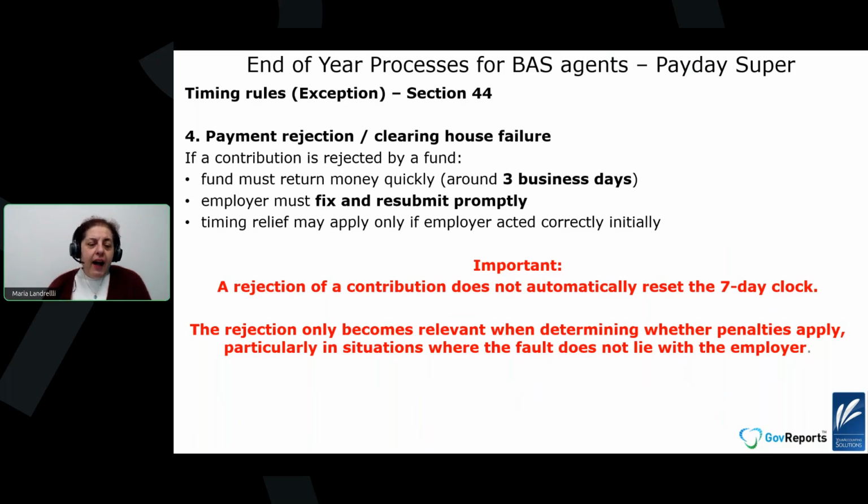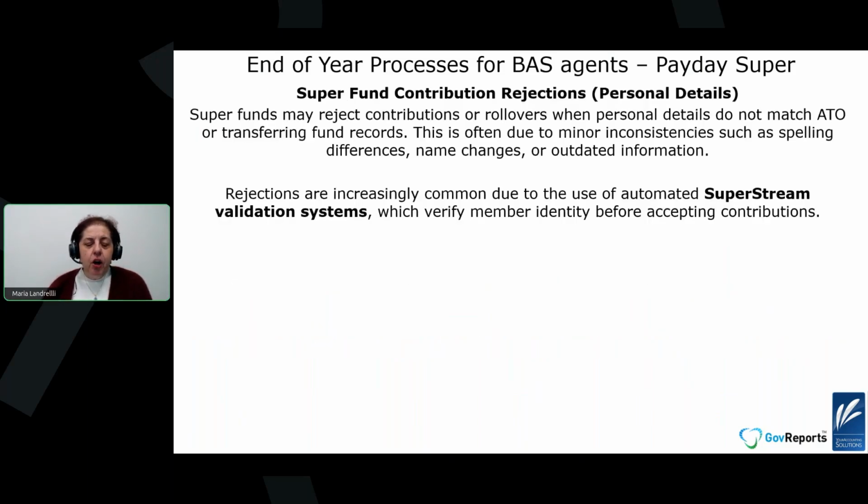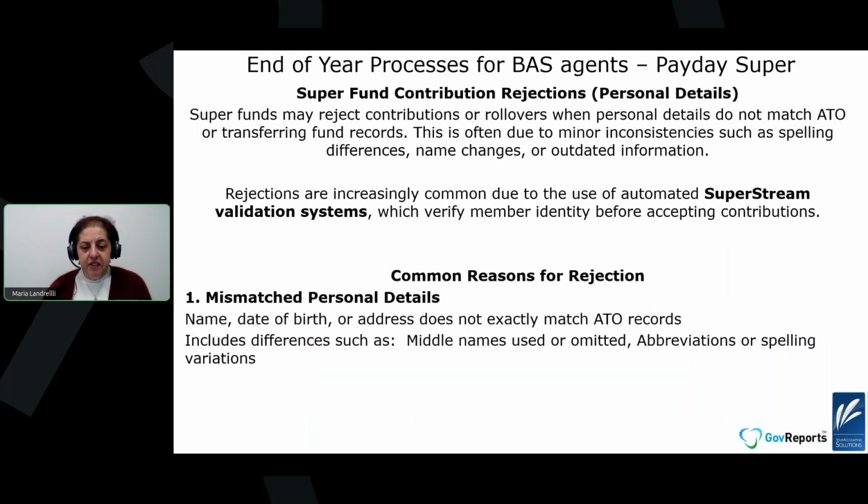So why are they rejecting? The common reason is a mismatch of personal details. I know of one of the super funds, Panorama, that another BAS agent notified everyone had rejected payments, where it had never previously been rejected.